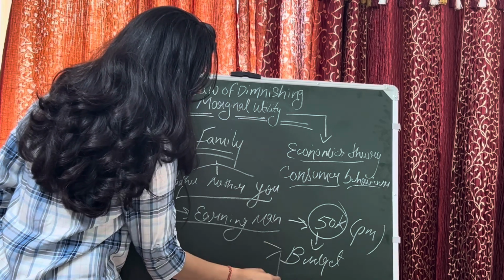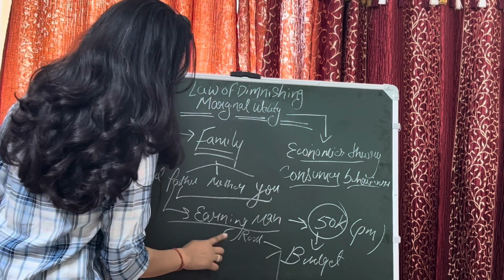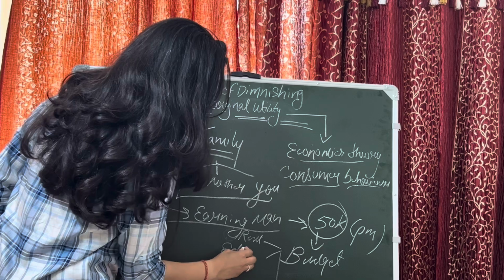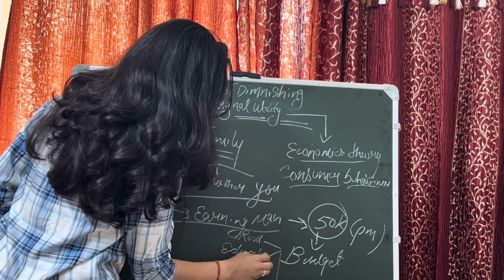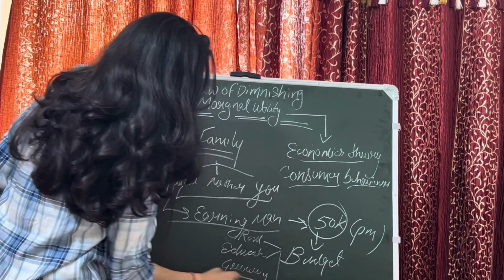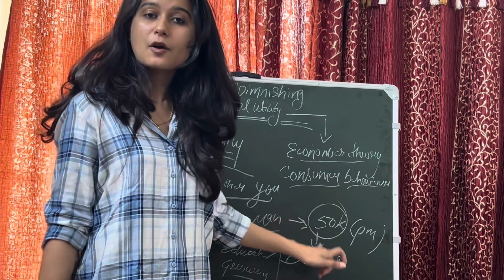Out of the budget, he will pay rent, your education fees, groceries and multiple things.